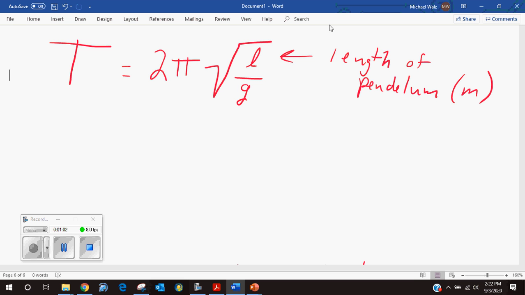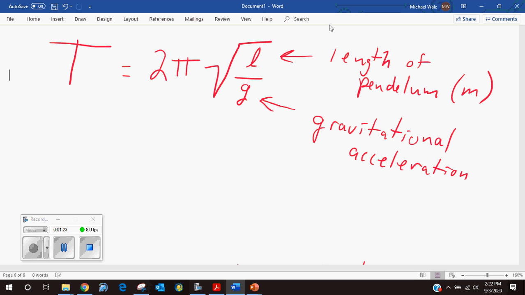Okay, and then we have little g here, which does change its gravitational acceleration. But that does change throughout the Earth, or around the Earth. It doesn't change by much, but the accepted value for lab is 9.81 meters per second squared.